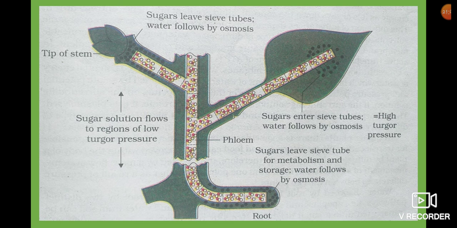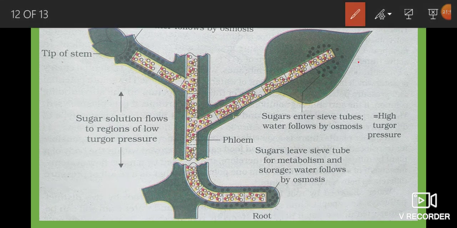And this picture shows the mechanism of translocation. The leaves are the sources. Food materials are prepared, so sugars enter into sieve tubes. Water follows by osmosis, so it now has high turgor pressure.